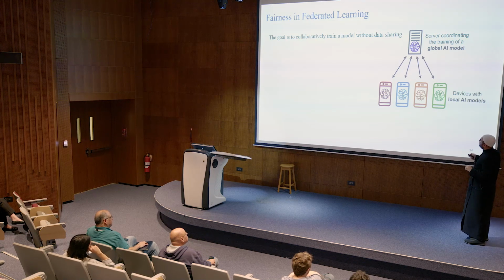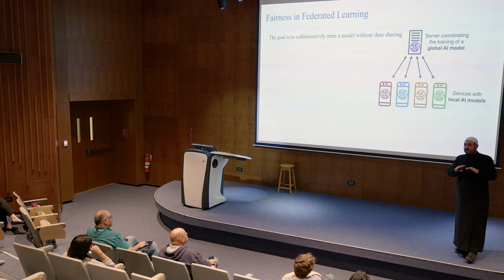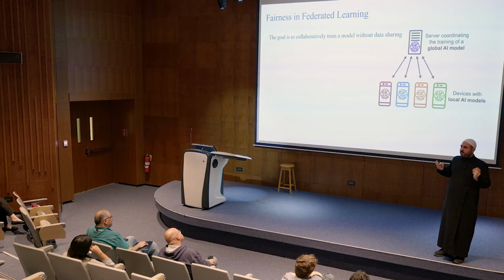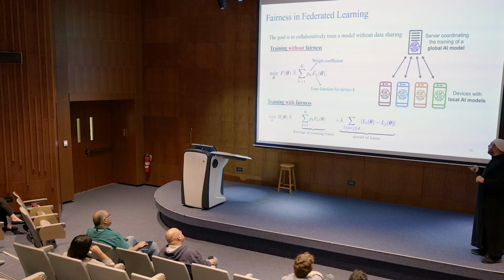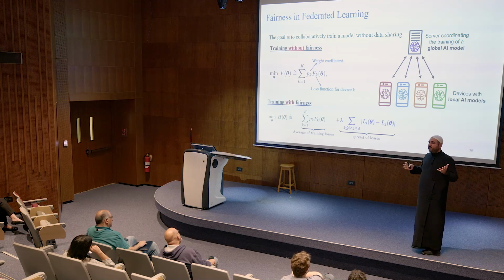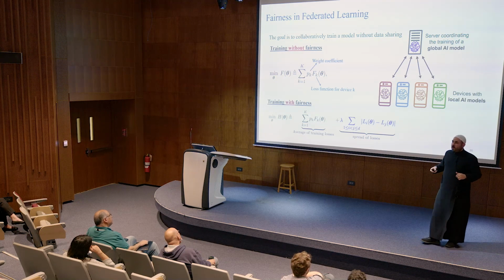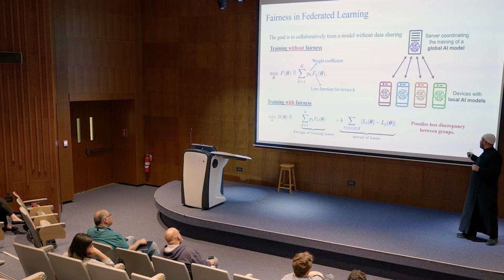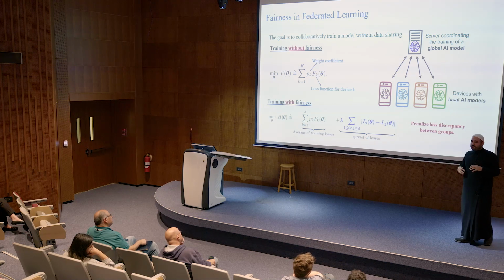What happens is that they send the model parameters to an aggregator or a server. The data is not shared. They just aggregate the models. In that case, we also add a fairness parameter, which measures the difference in the losses for different groups. What we try to do is penalize the loss discrepancy between groups.